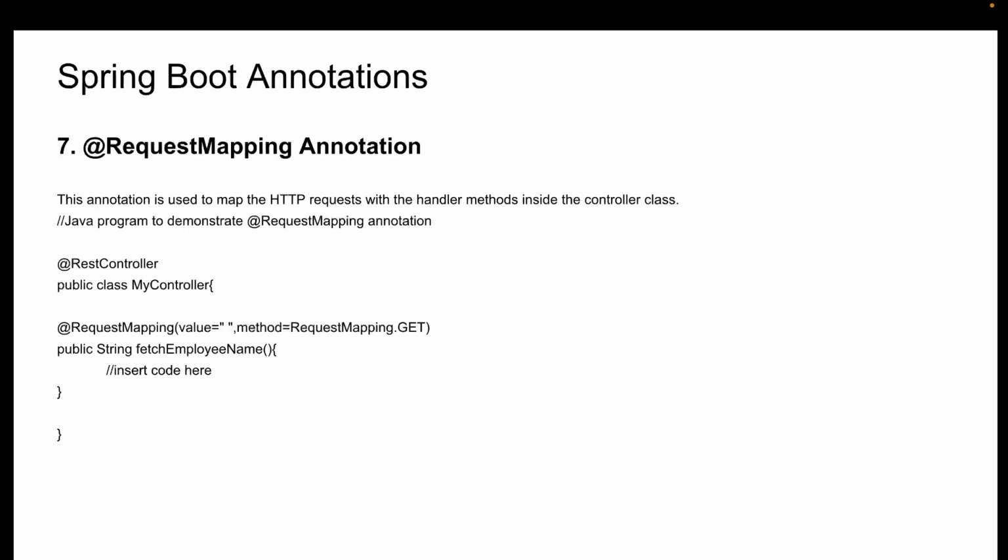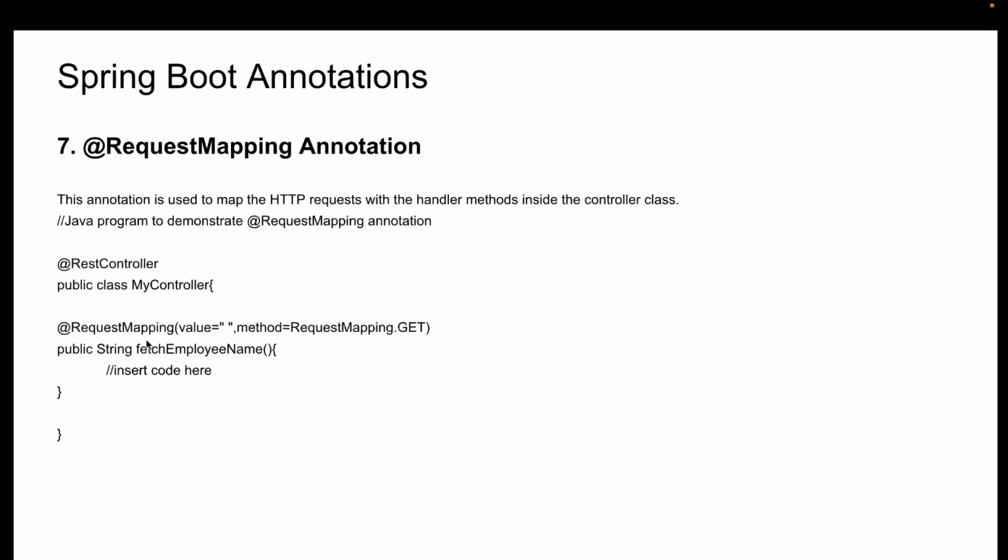But here we want to fetch some information, we want to get some information, and that can be done with a REST API, that is the GET API. So we can use @RequestMapping, and then method equals RequestMethod.GET. This .GET specifies that we want to fetch some information from this method.